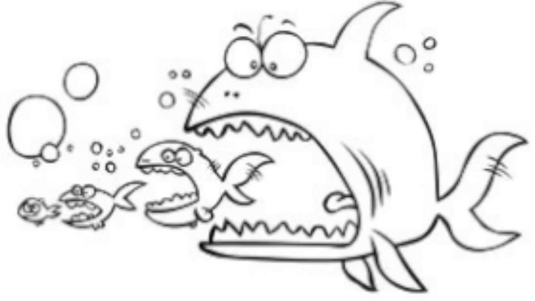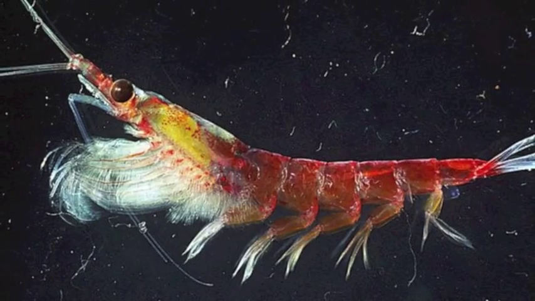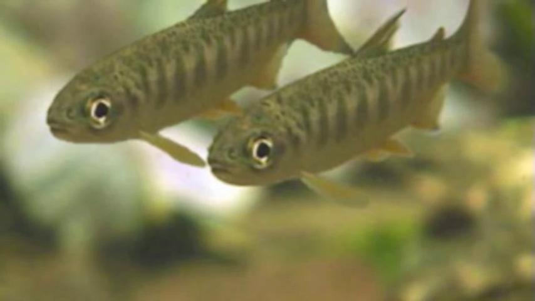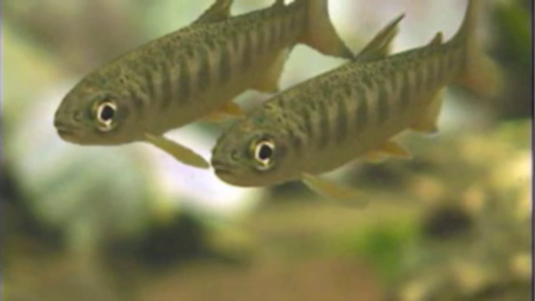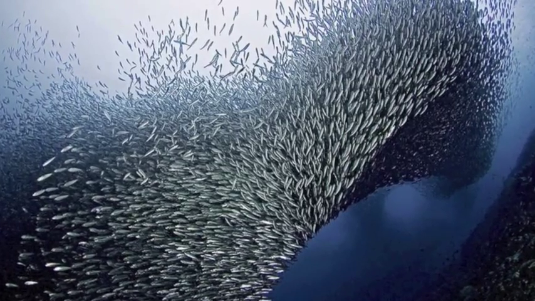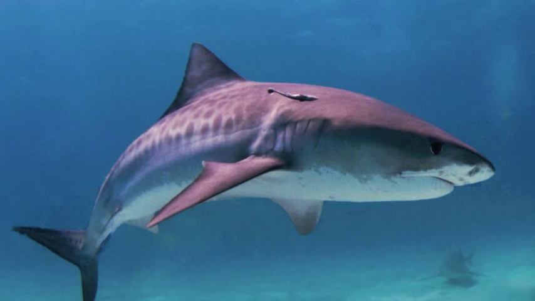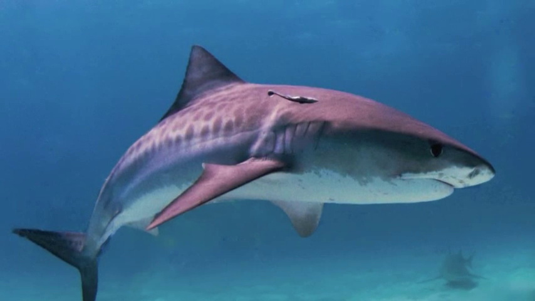Zooplankton are eaten by small predators, such as shrimp and krill, younger stages of smaller animals such as jellyfish and fish, and finally small fish such as sardines and herring. At the top of the marine food web are large predators.